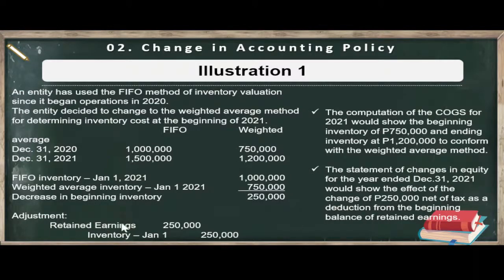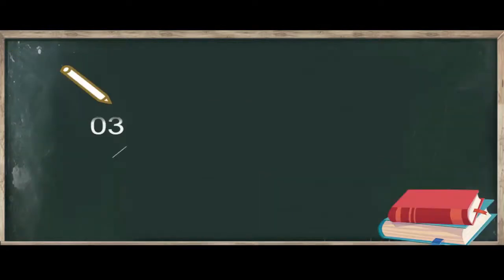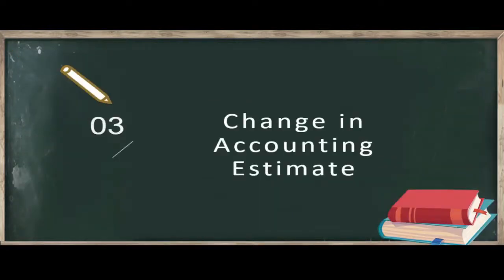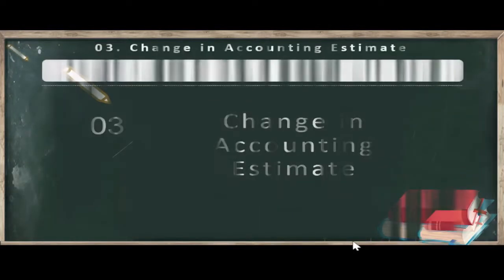So, ang beginning na tong retained earnings mo reflect na tong adjustment as if the 750,000 was really the valuation pagka 2020 December 31. Now, let's go to the change in accounting estimate.